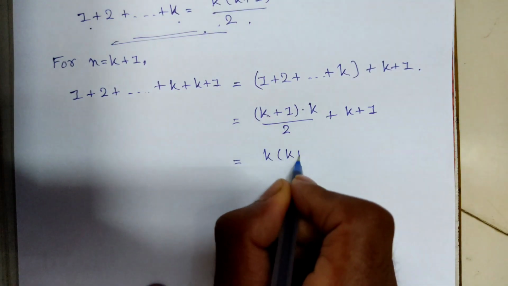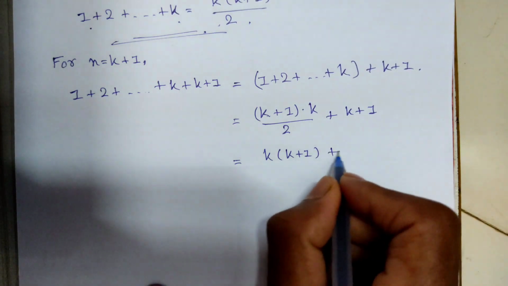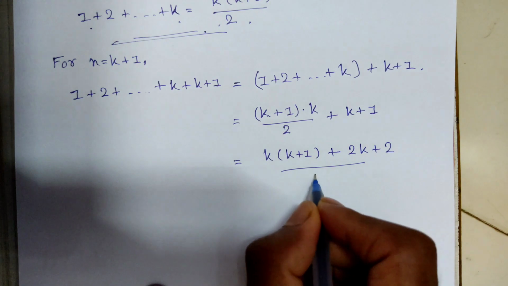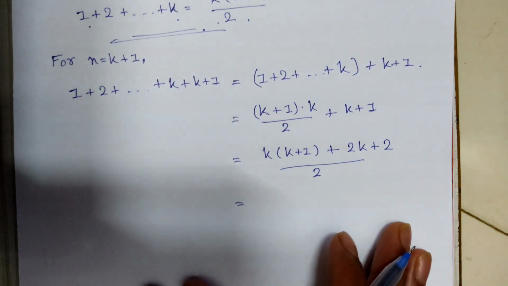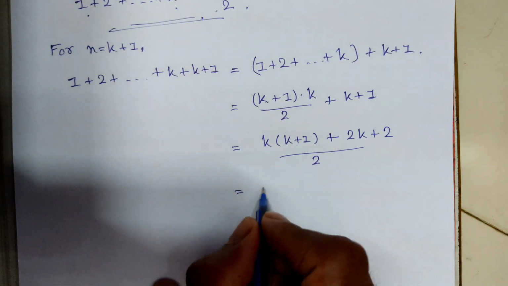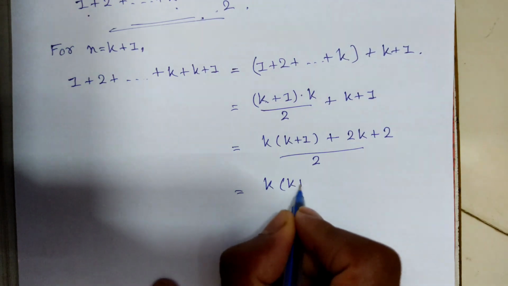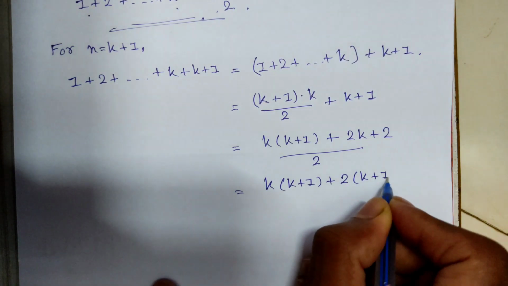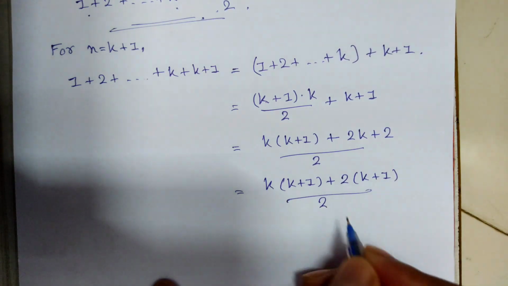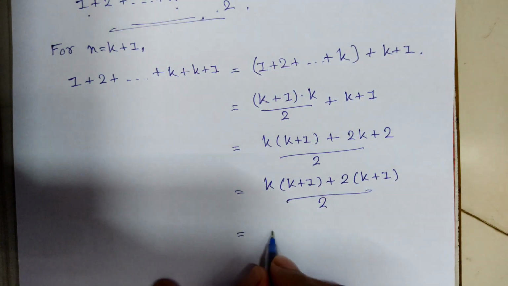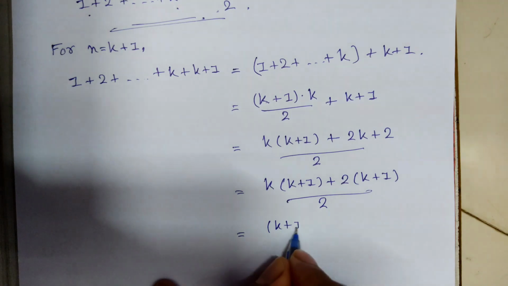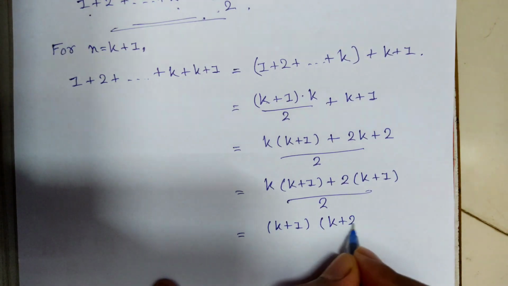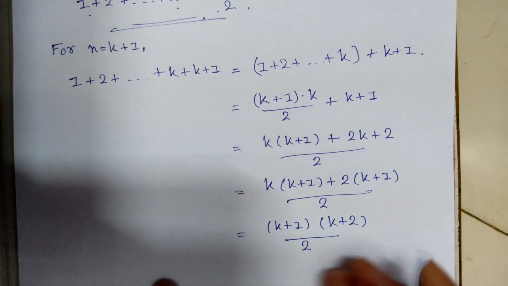k into k plus 1 plus 2k plus 2 by 2, which is equal to k into k plus 1 plus 2 into k plus 1 by 2, which is equal to k plus 1 taken common, so the remaining will be k plus 2 upon 2.